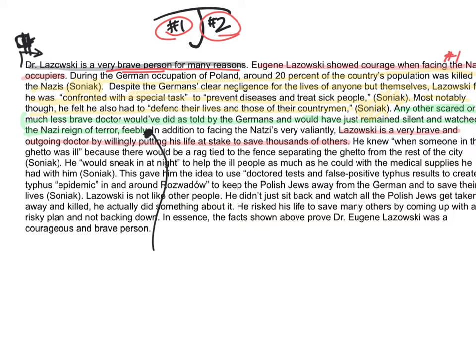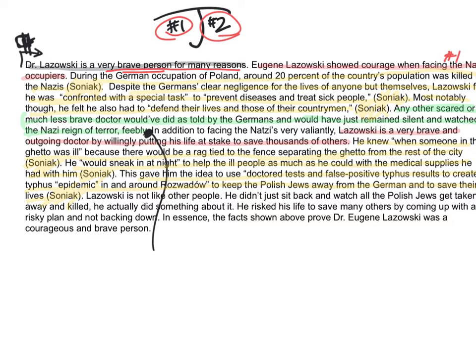So in the second half, he knew when someone in the ghetto was ill because there would be a rag tied to the fence. Thank you for citations. He would sneak in at night. Thank you for citations. This gave him the idea to create that fake typhus to keep the Polish Jews away from their lives. Thank you for citation. Ooh, ding, ding.